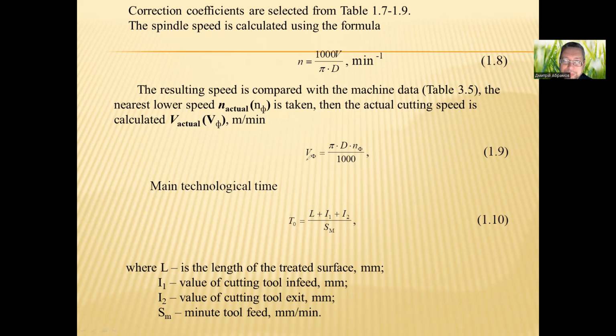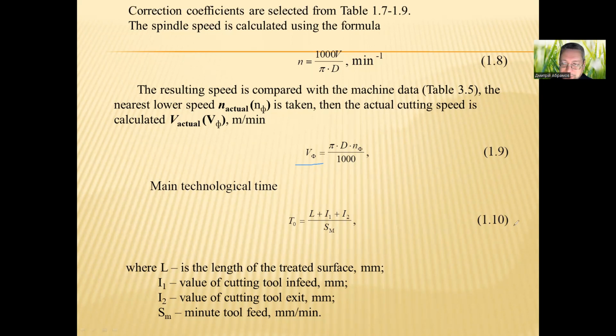V actual will be equal pi multiplied by D multiplied by N actual divided by 1000. And main technological time, T suffix 0, will be equal big L plus small l suffix 1 plus small l suffix 2 divided by S suffix M.